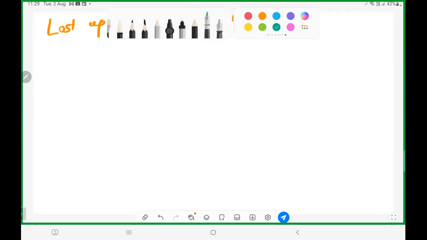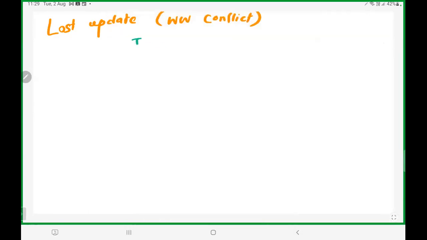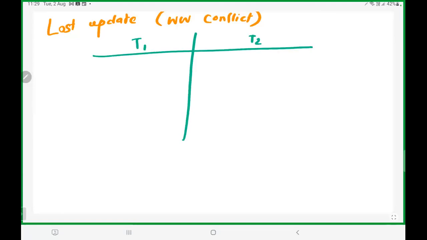There are two transactions, T1 and T2. T1 reads A, where A is equal to 10, then adds a value to A and writes.